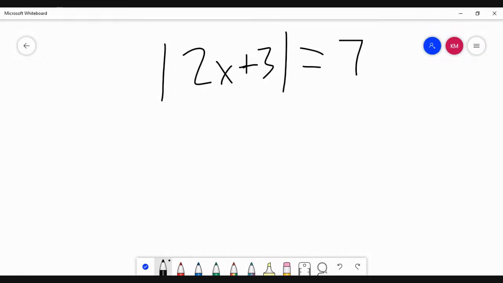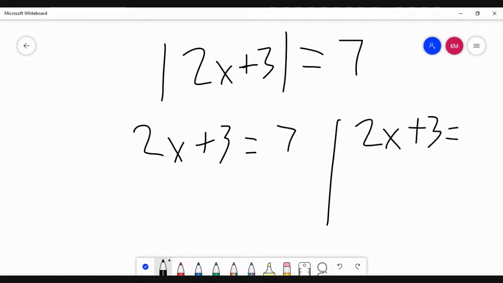Well, since the absolute value statement equals a positive number, you can find your two solutions. So you have 2x plus 3 equals 7, or 2x plus 3 equals negative 7.